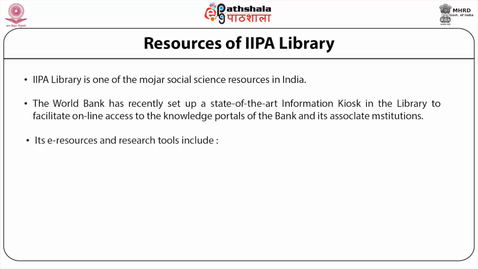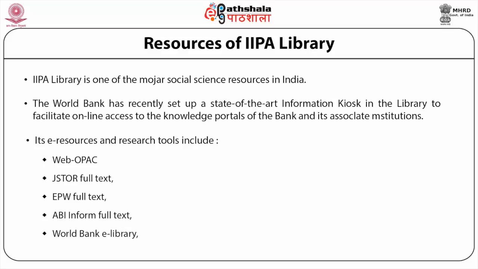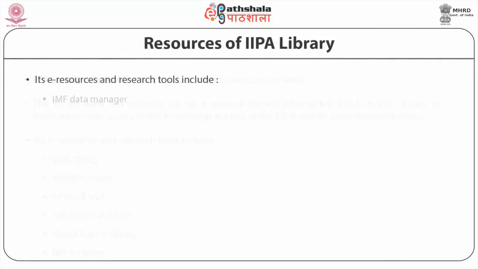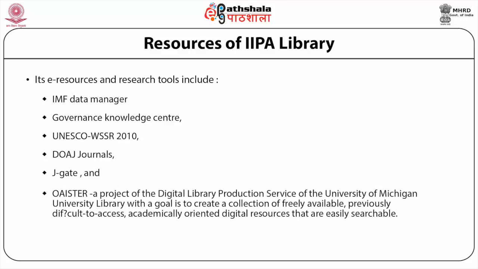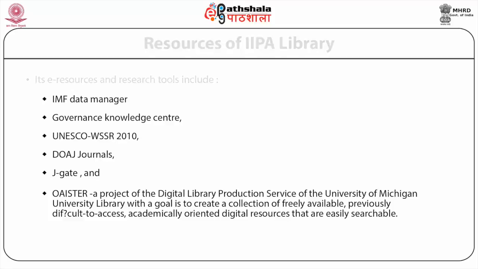Its e-resources and research tools include WebOPAC, JSTOR full text, EPW full text, ABI Inform full text, World Bank e-library, IMF e-library, IMF Data Manager, Governance Knowledge Center, UNESCO WSSR 2010, DOAJ journals, JGate, and OAISTER, a project of the Digital Library Production Service of the University of Michigan University Library, with a goal to create a collection of freely available, previously difficult to access, academically oriented digital resources that are easily searchable.